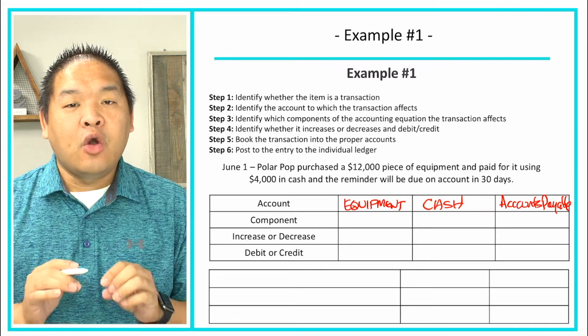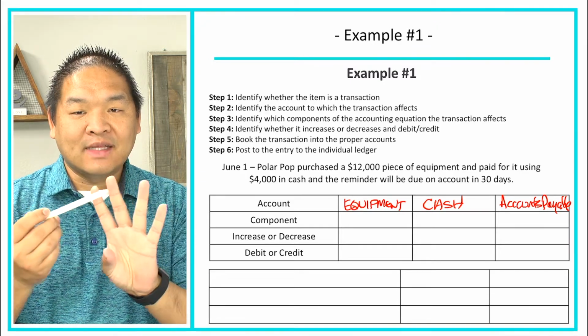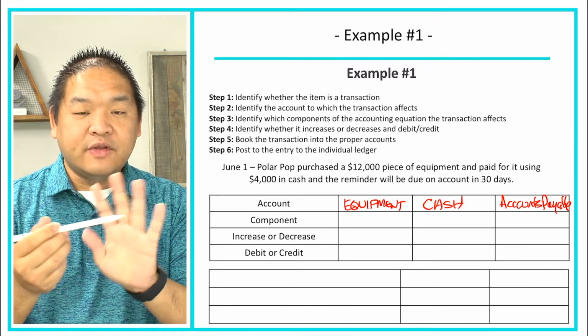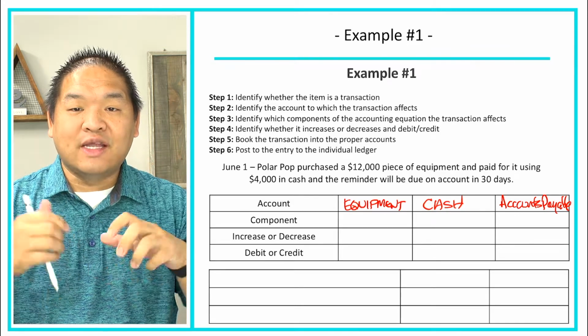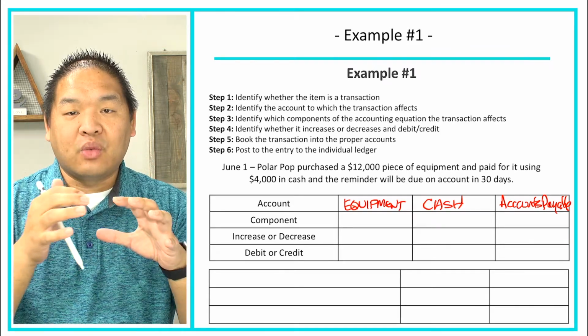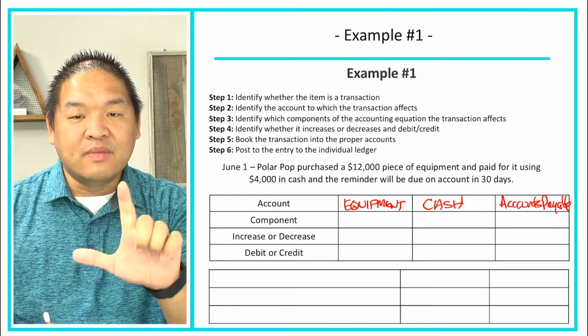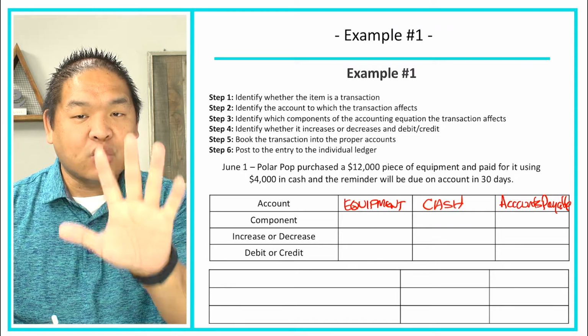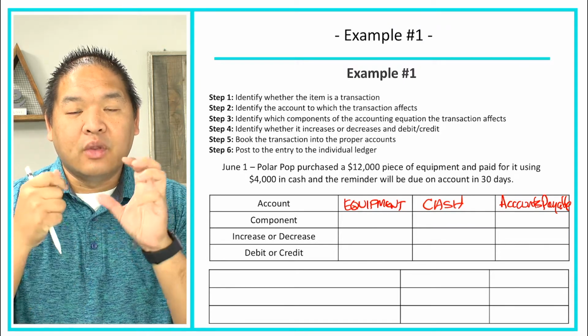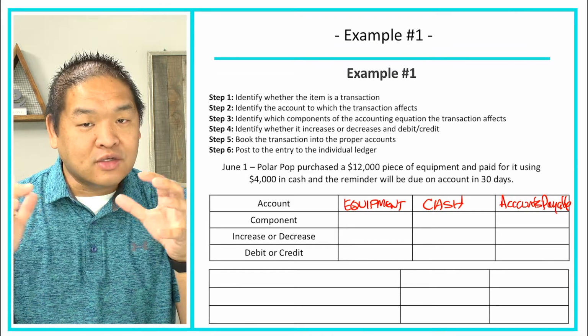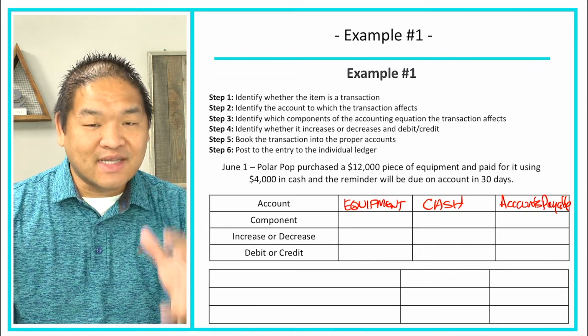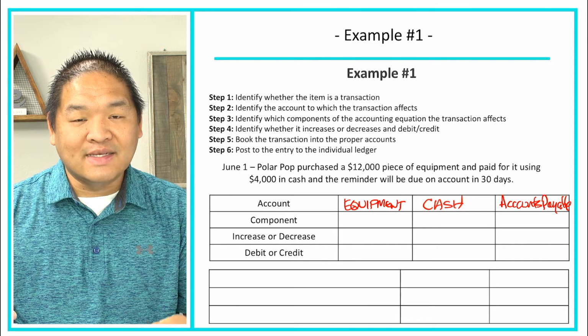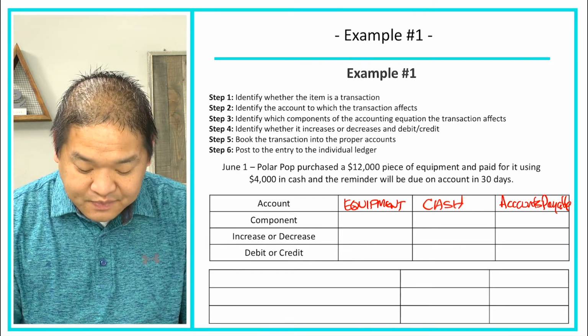Now we got to decide which one of the 6 components, asset, liabilities, owner's equity, revenues, expenses, or dividends, are each one of these 3 accounts. So we'll start with equipment. Is it an asset, liabilities, owner's equity, expense, revenue, or dividend? Well, the equipment provides a long-term benefit to the organization. Therefore, it is an asset.